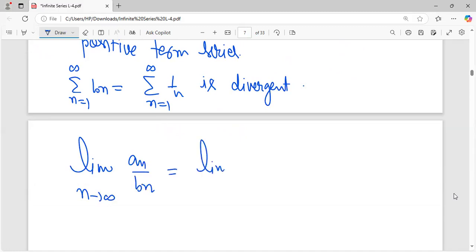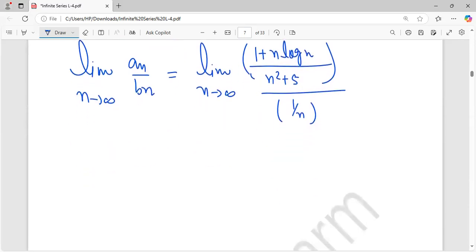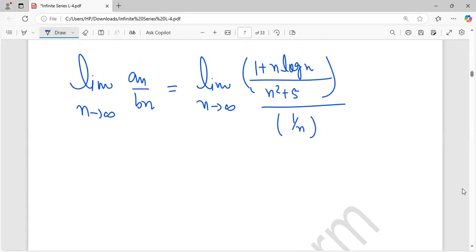Here the numerator is 1 plus n log n upon n square plus 5, and in the denominator it is 1 by n. Okay, so what is this?